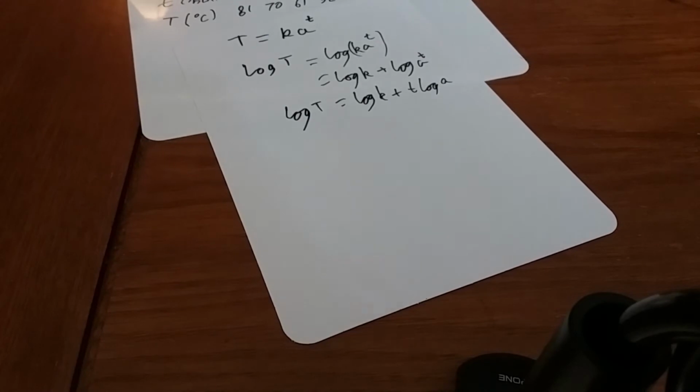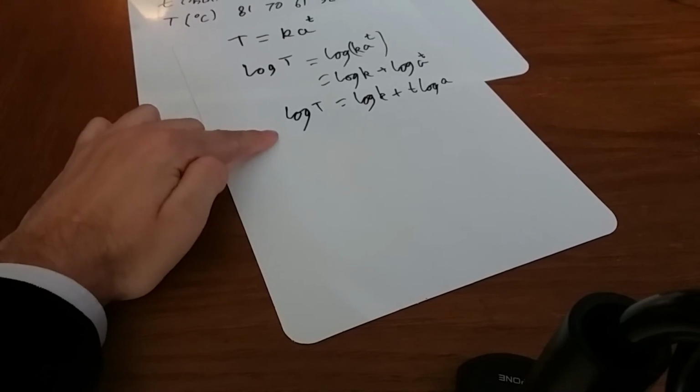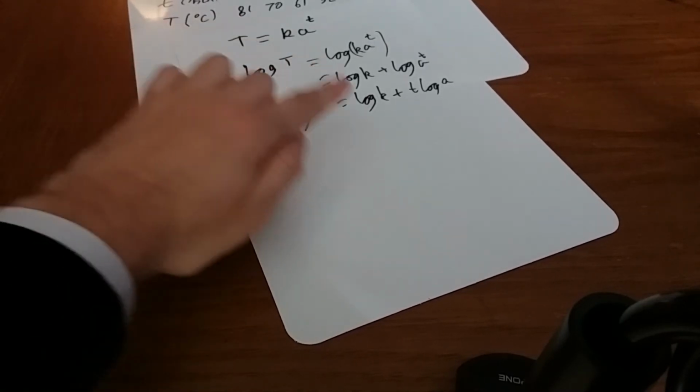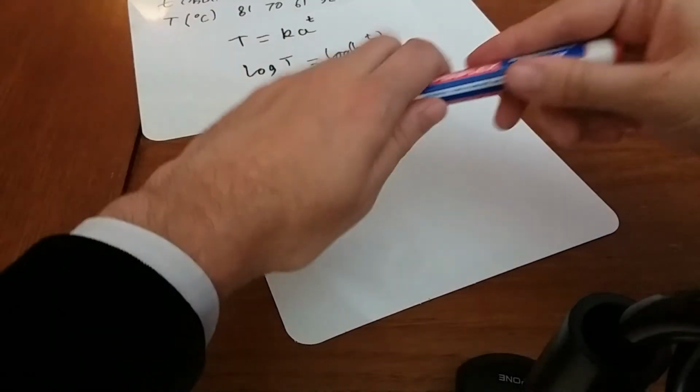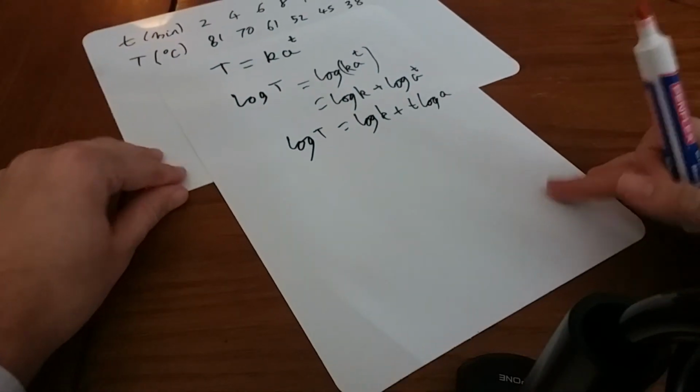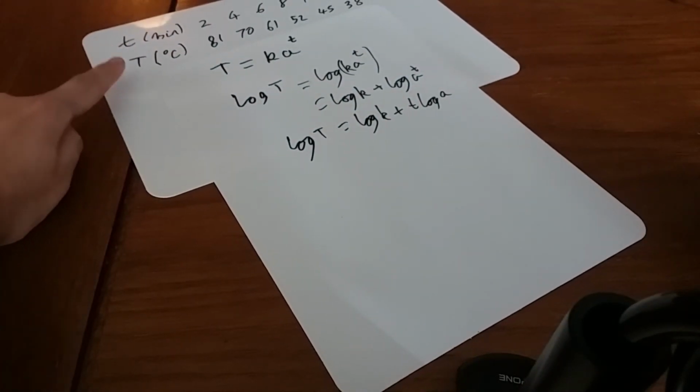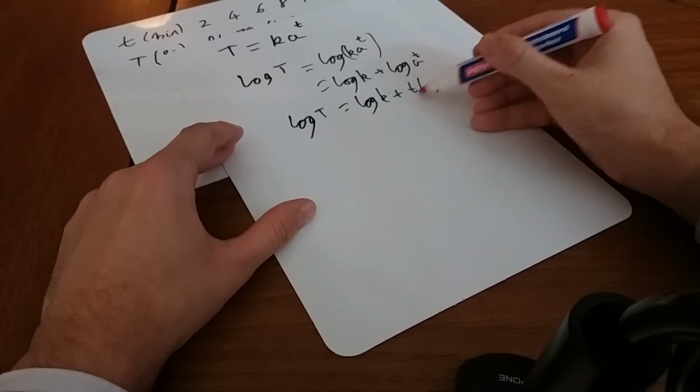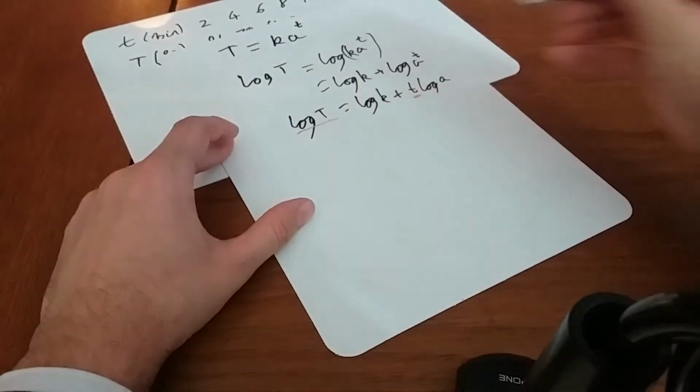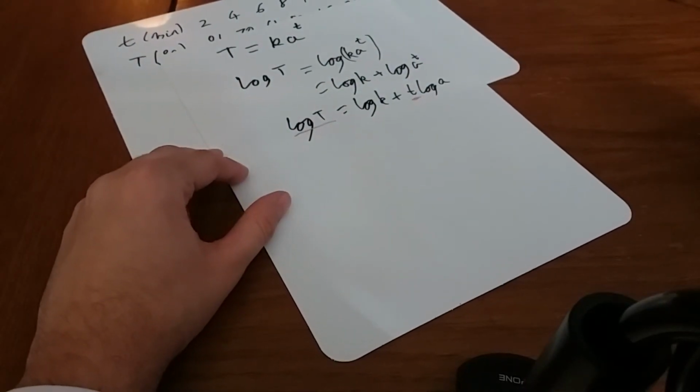So what we've got here is a variable on this side, log T, and another variable, t, on this side. You can always tell the variables because they're the things which are in the table, so t and big T. I'm just going to put some red under them to label what the variables are.